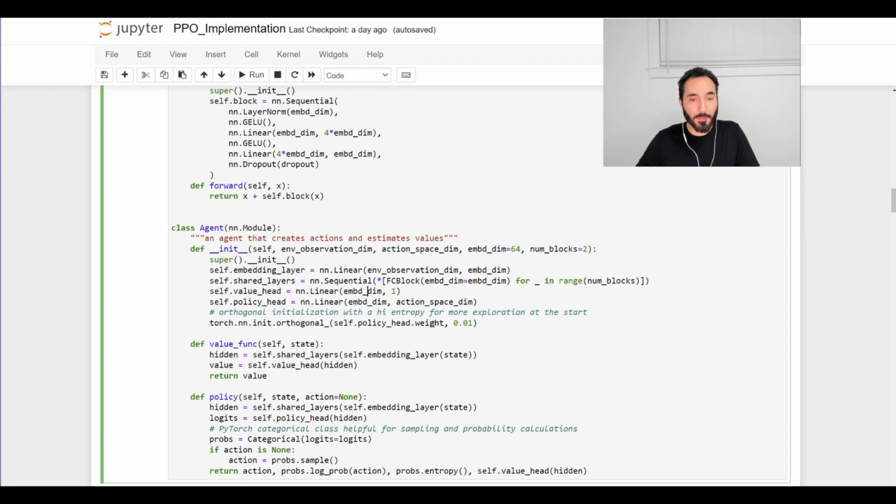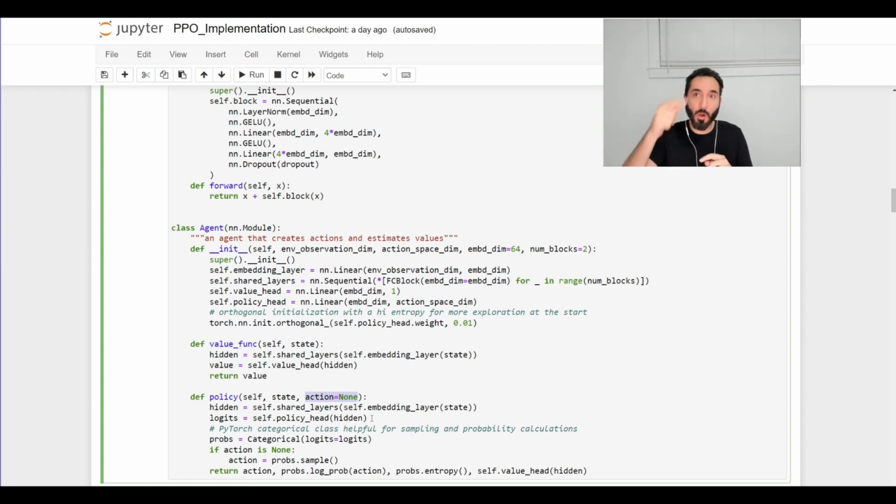The other thing that I wanted to mention is that you notice that sometimes the policy also accepts actions, and you might be wondering why. Policy is supposed to create the actions, so why do we also give it the action? If you remember from the theory lecture, when we went over PPO, we have two phases.